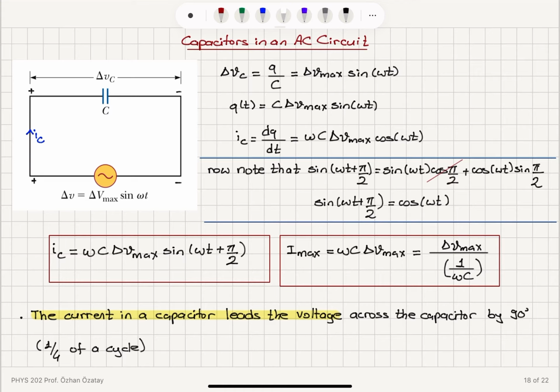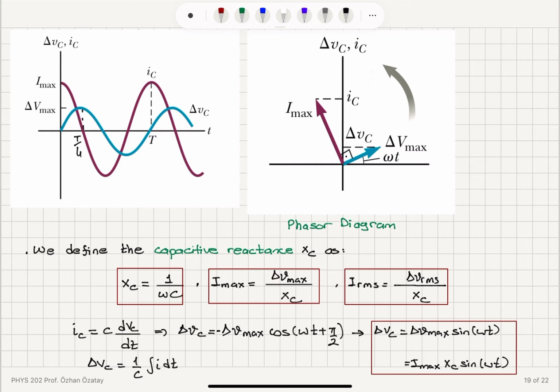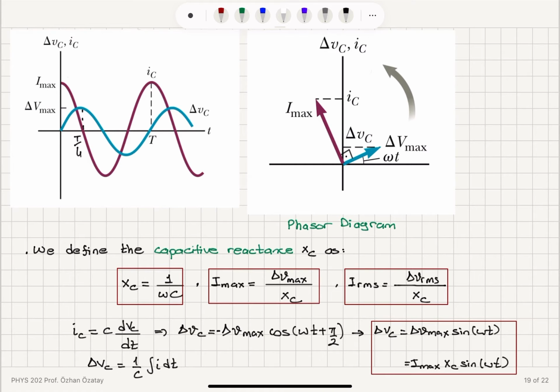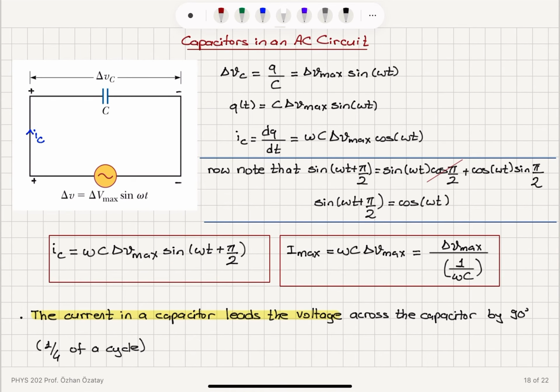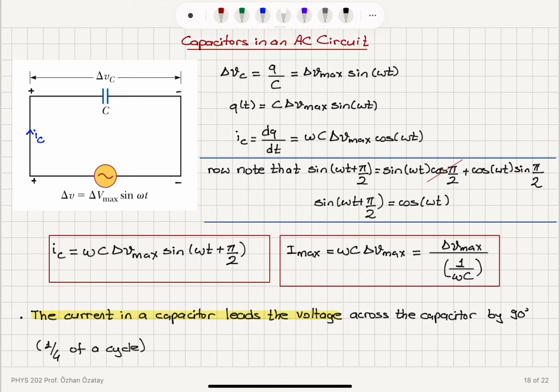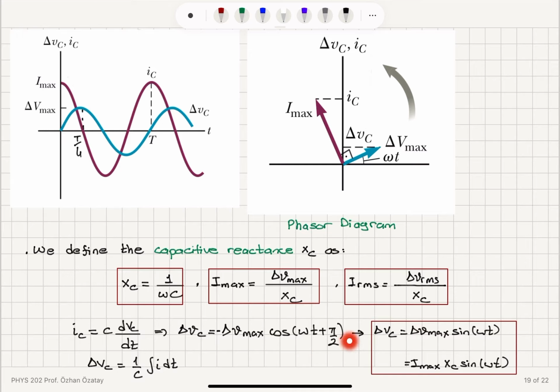If I integrate this, the integral of I_C dt will give me a 1 over omega term, so these omegas will cancel. Then delta Vc is 1 over C integral I dt, so this C cancels and the sine will turn into a minus cosine of omega t plus pi over 2, which is sine omega t. So I obtained the previous result, and delta Vc is I max X_C sine omega t.